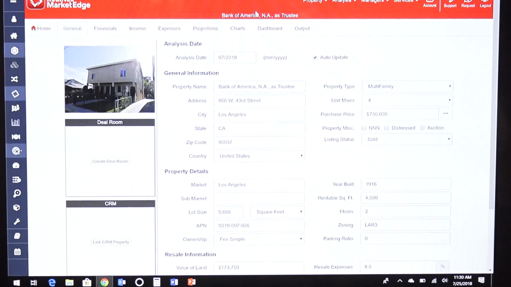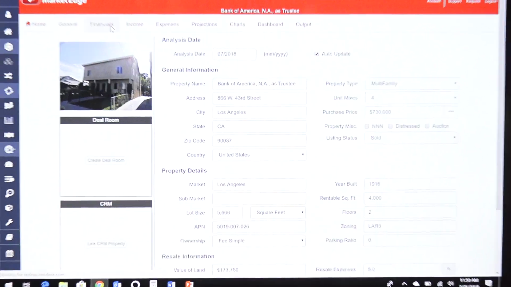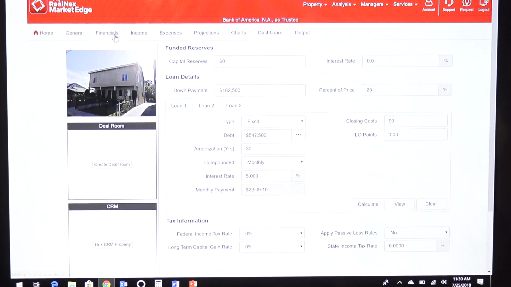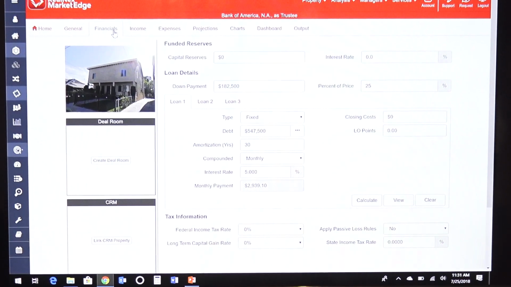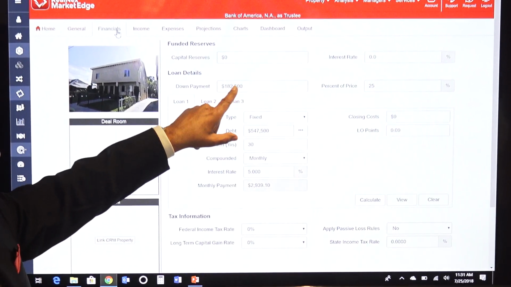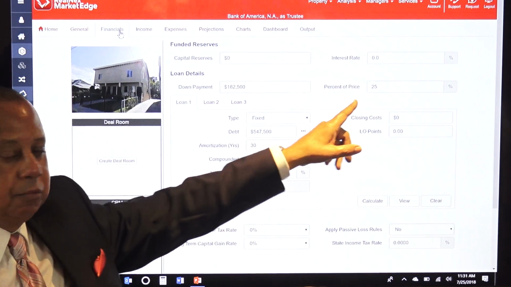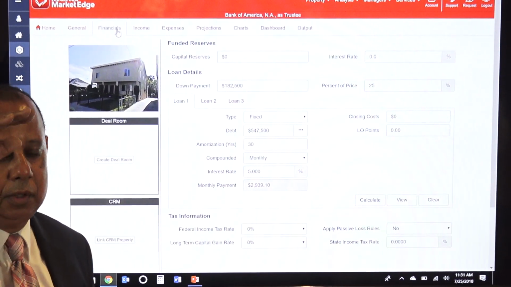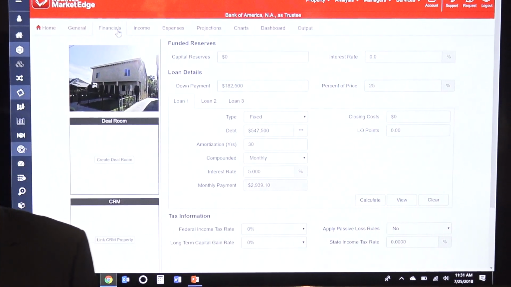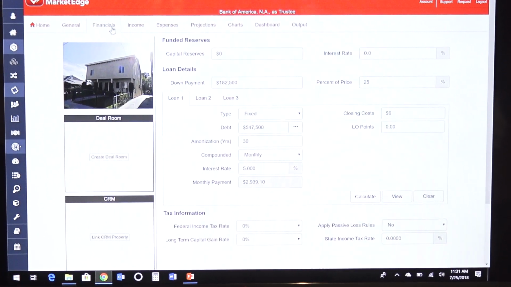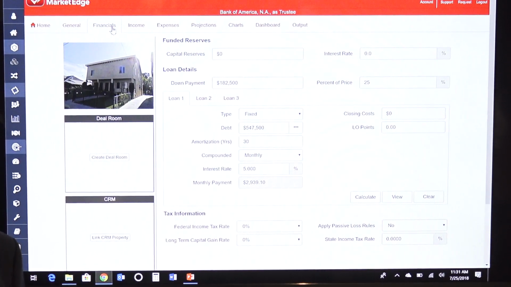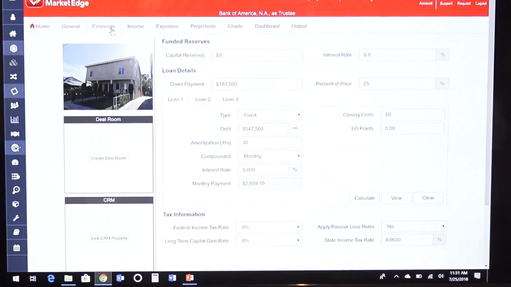So let's go into the financials of the property. Let's see how that looks. The financials are, number one, the down payment. When you talk about 5 units and up, the smallest amount of down payment I've ever seen is about 25%. It can go as high as about 35, 50, it all depends.